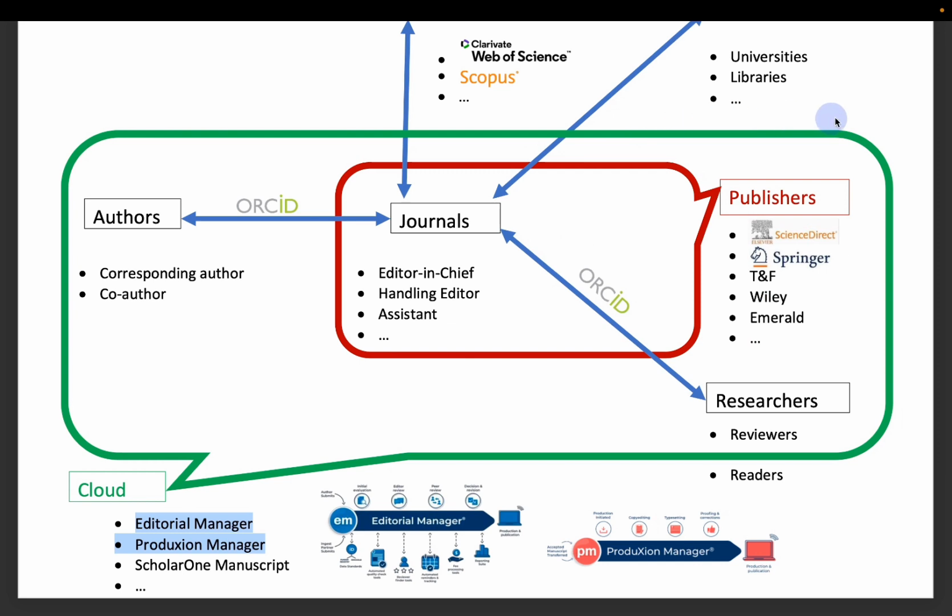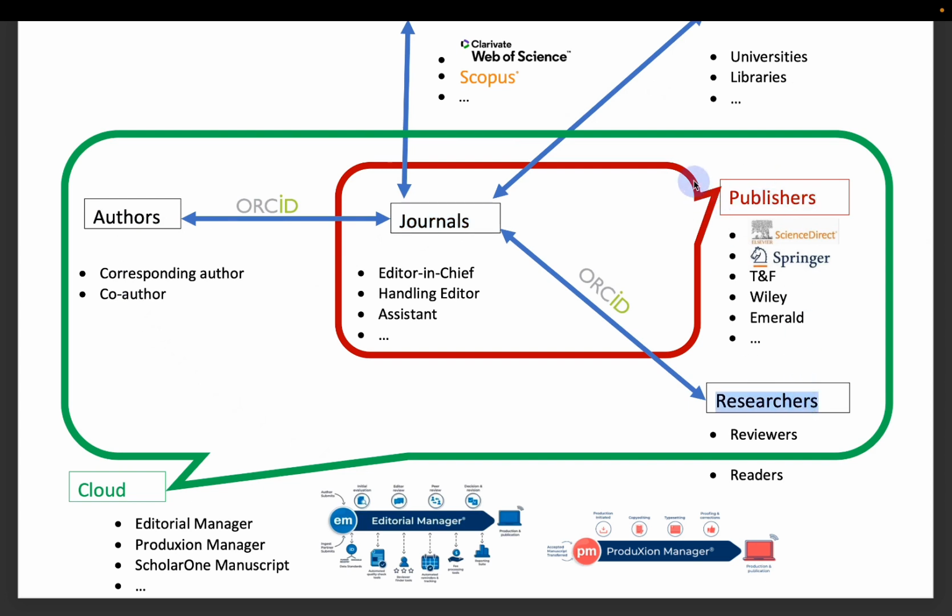As you can see in this green rectangle, publishers, researchers, journals, and authors are gathered and integrated with each other. And this green rectangle is the cloud, which can provide a platform to interconnect authors, journals, publishers, and researchers.